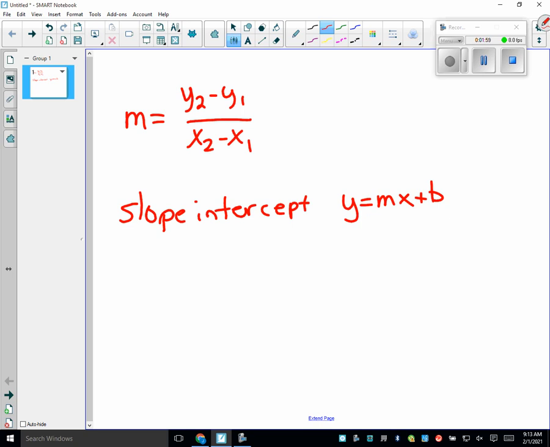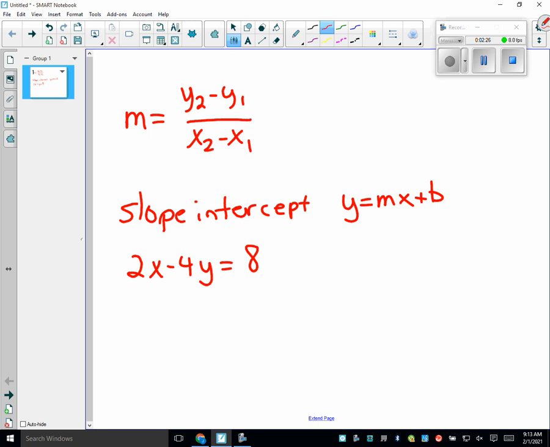So, if I give you an equation such as 2x minus 4y equals 8, I ask you, first of all, to write it in slope-intercept form. Can you? Slope-intercept form means I solve for what?